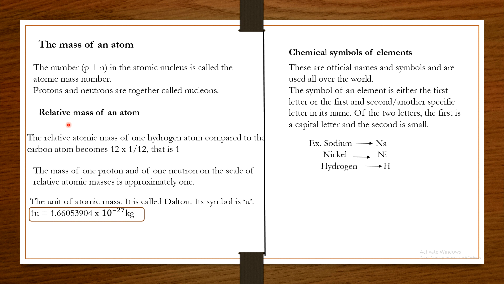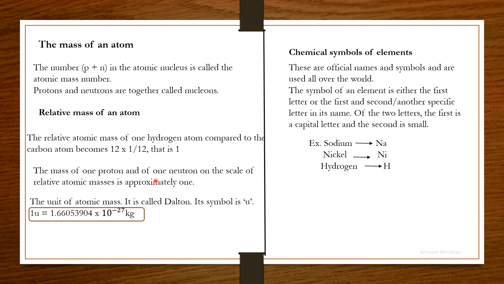Now here is the relative mass concept. That means the relative mass of one hydrogen atom is compared to carbon, so that is 1. That means here we are taking the atomic mass of a hydrogen atom as 1.